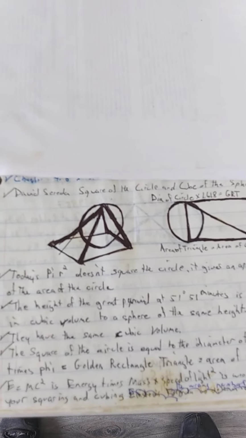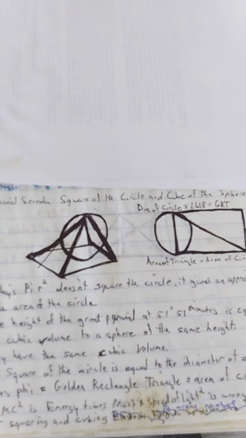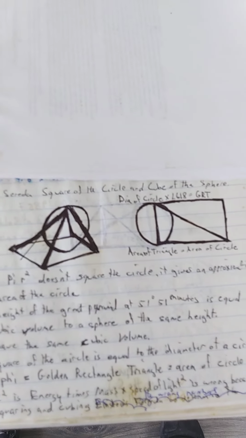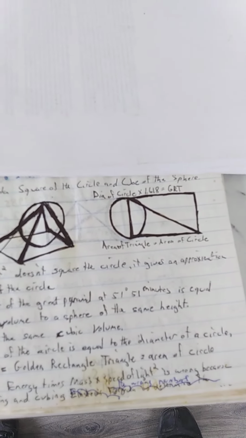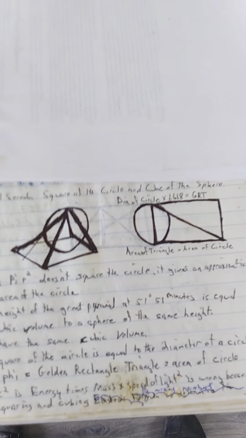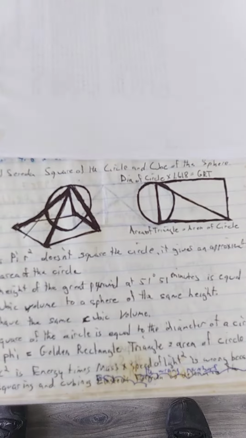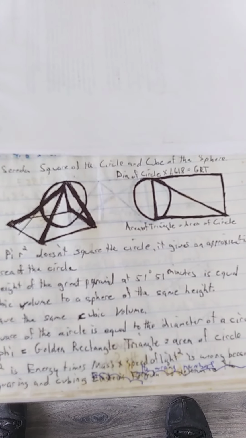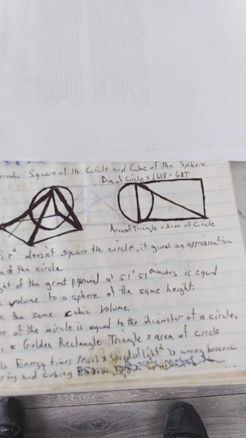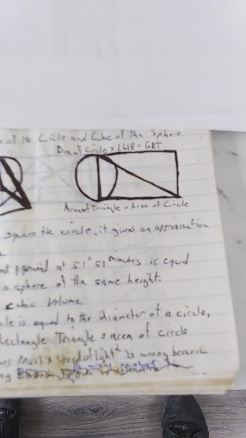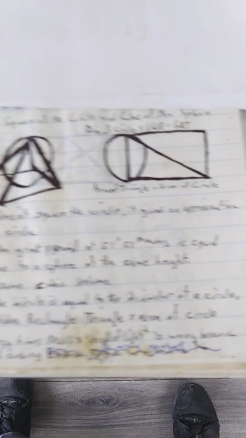They have the same cubic volume. The square of the circle is equal to the diameter of a circle times phi, or 1.618. And that gives you your GRT, your golden rectangle triangle, equals area of a circle.